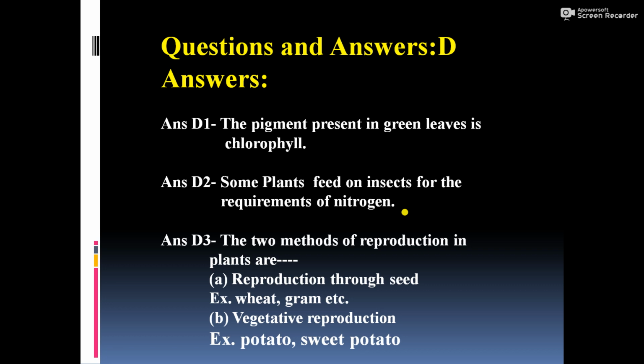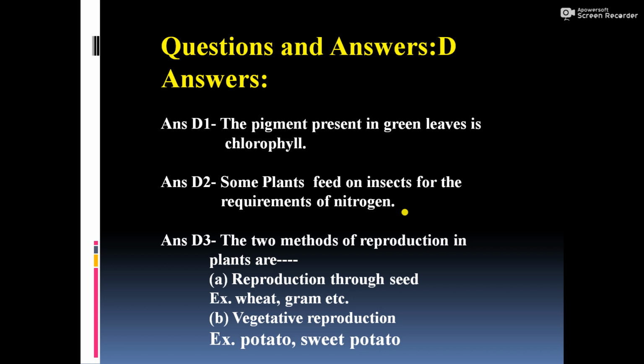Now the third answer: two methods of reproduction in plant are reproduction through seed. I have written the examples wheat and gram. Wheat is monocotyledon and gram is dicotyledon. Clear? It is shown to you and you can also differentiate it at your home. Second is vegetative reproduction. Two examples I have given you, potato and sweet potato.